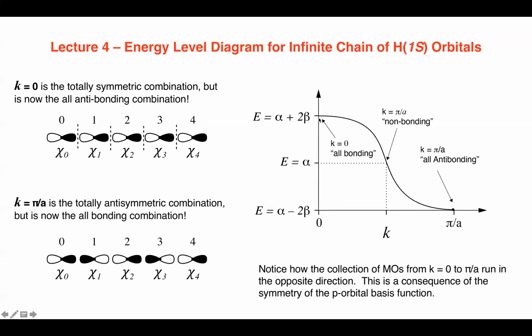And you know that because this k equals 0 one has got all these nodes in between and is high in energy. Okay, so this is different than the previous case. The energy goes down as you go from 0 to pi over a, right?